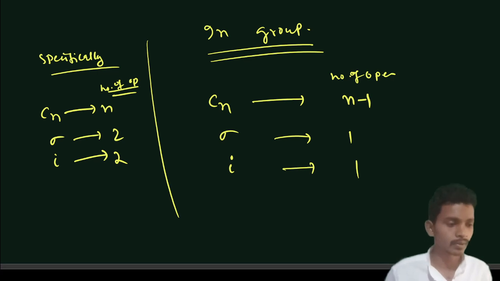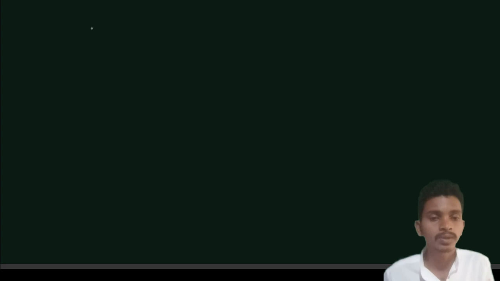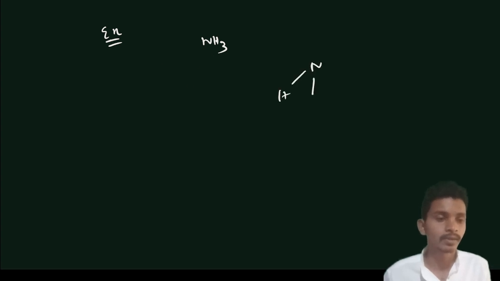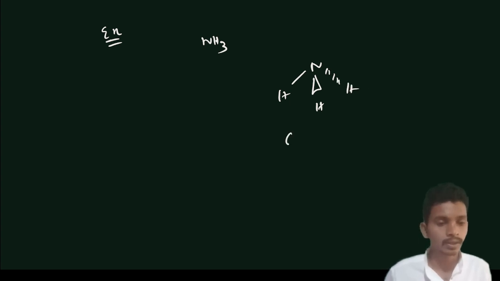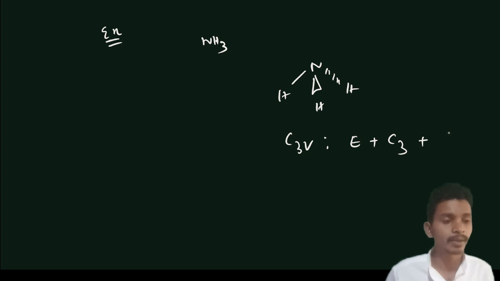Okay, so we will look at that, like C3v. If you take NH3, here that C3v point group we have already discussed: E is there, C3 is there, and 3 sigma v is there.